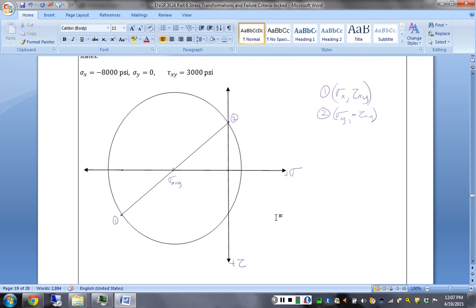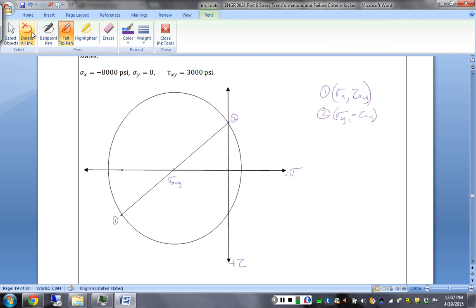And now what do we know? We know that the intersection with the normal stress or horizontal axis is sigma A, and we know that the intersection where tau equals 0, where the shear stress is 0, on the left side is sigma B. How do we identify these locations?